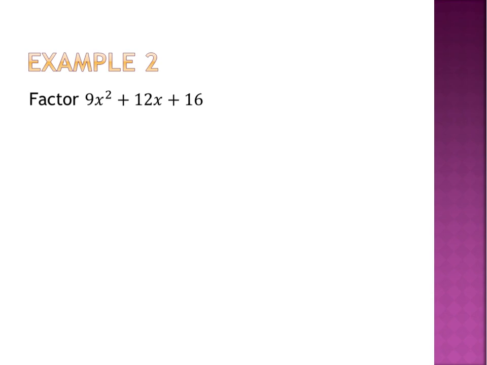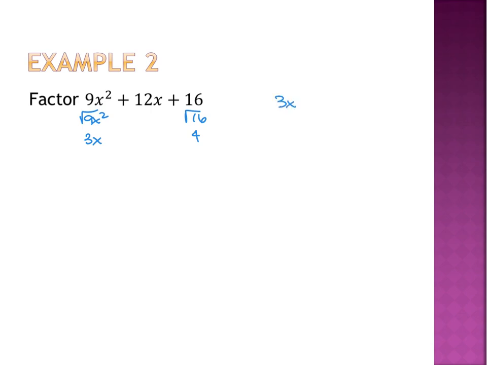For example 2, again, I'm going to look and see, do I have any common factors between the three terms? The answer is no. There's nothing that 9, 12, and 16 all have in common, but I am going to double check and say, what is the square root of 9x squared? I can see that that is 3x. The square root of 16 is 4. So I'm hoping that it might be a perfect square trinomial.